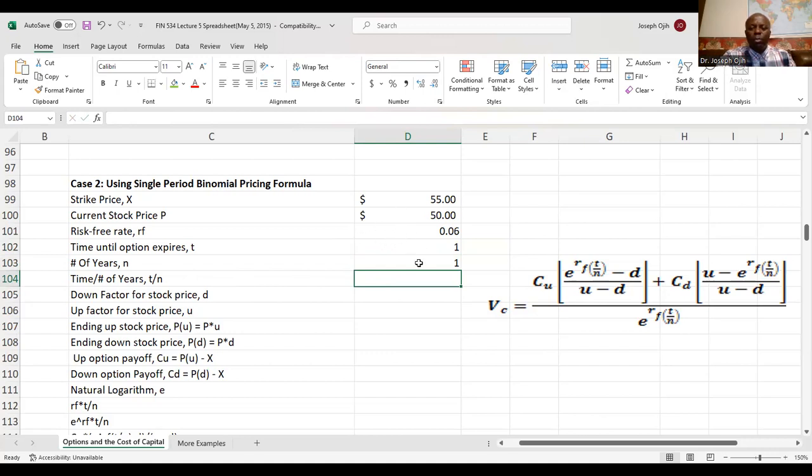Before I continue, I want to say something. When you look at this formula, you see how it looks like a monster. So when you put everything together in the formula like this, and punch everything into a calculator or Excel, it might give a wrong answer. So the best thing is to get the different parts of the formula. Get this part, get this part, get the different parts separately, then combine them.